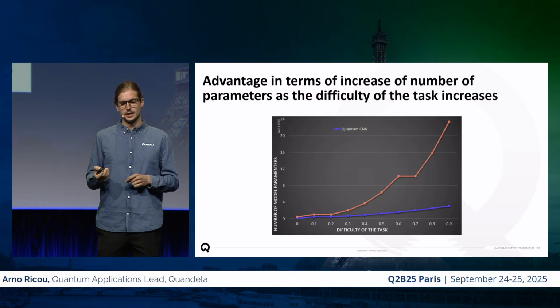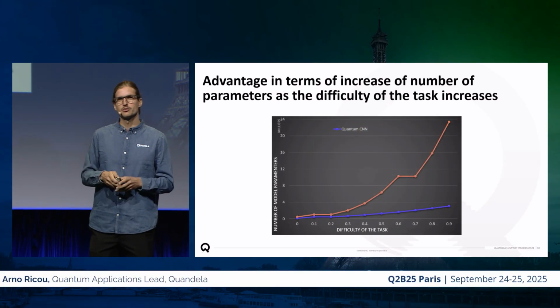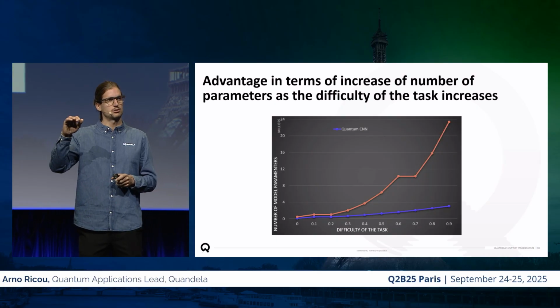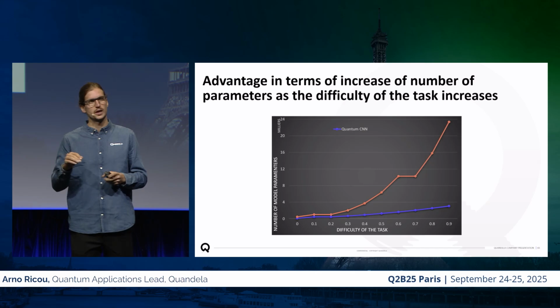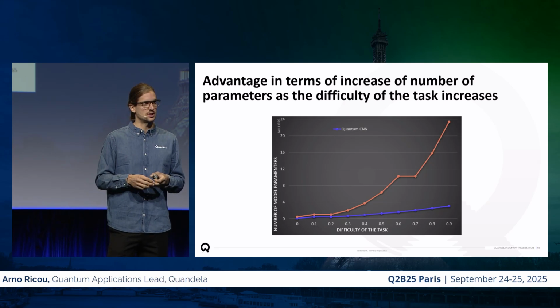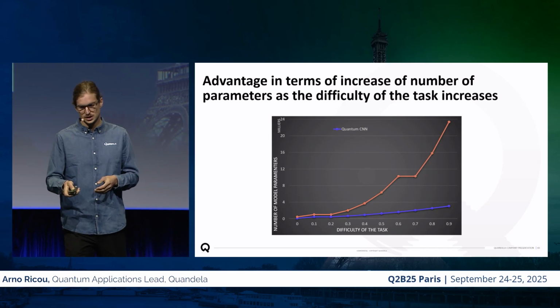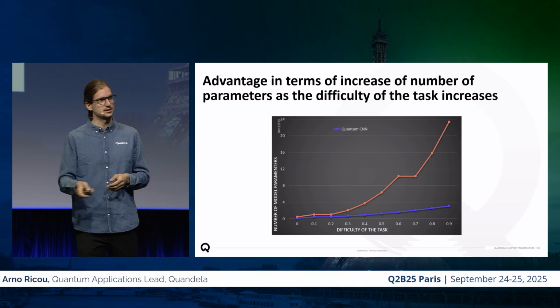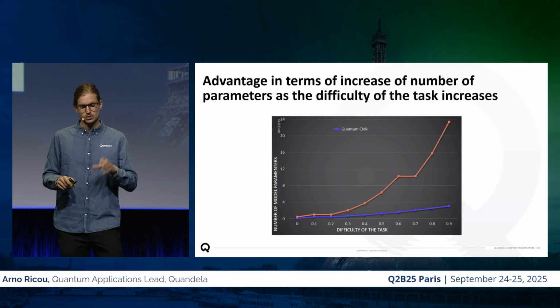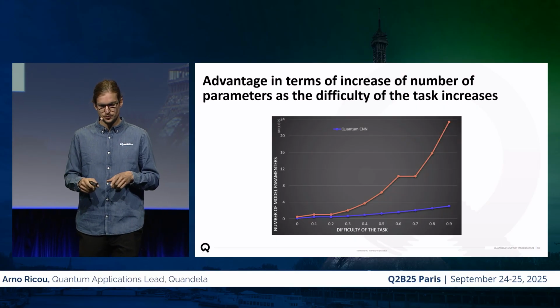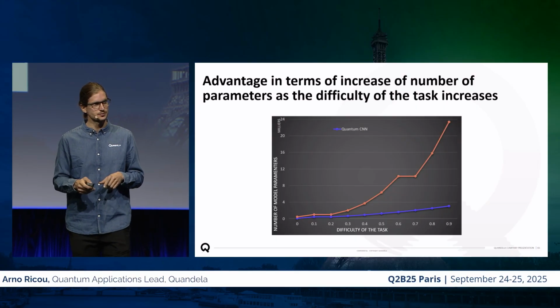Even more interestingly, we see that if we aim for a given accuracy and we add noise to the images we try to classify, so that's what you see on the x-axis, the difficulty of the task is just adding noise to the images. On the y-axis, you have the number of parameters in the model.